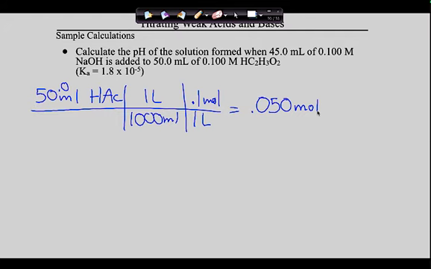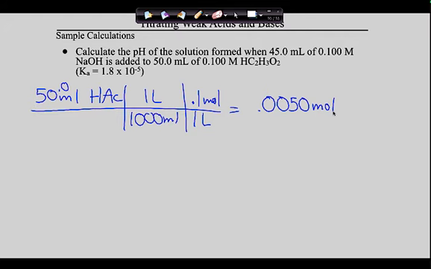I'm so bad at pushing decimal places around. Yeah, okay. Oh no, I'm missing a 0. So guys, could you sign off on 0.0050 moles? Okay.